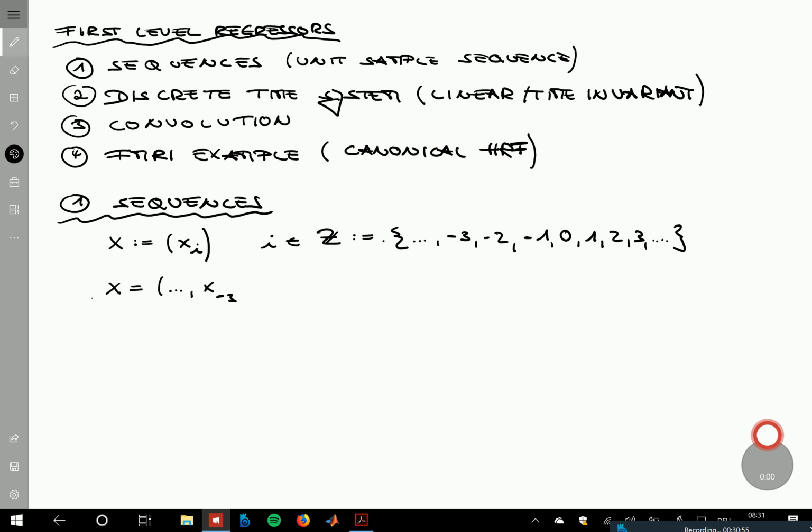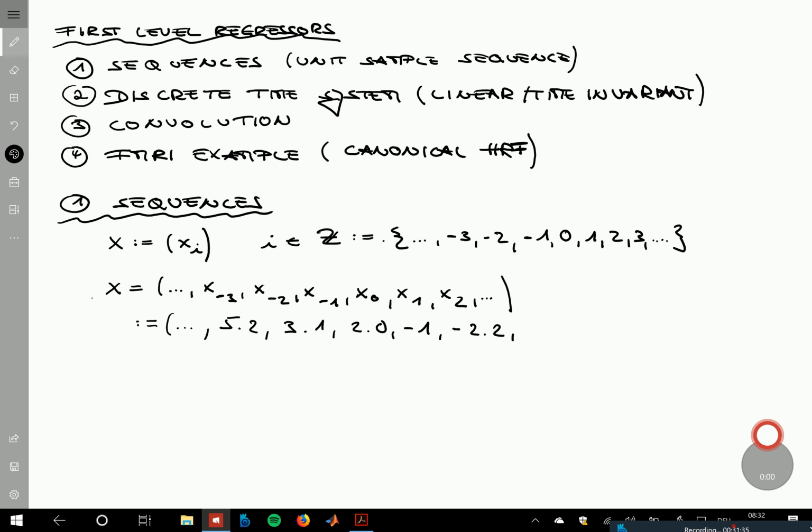There are a lot of values before x minus 3, but then there's x minus 3, x minus 2, x0, x1, x2, and this, for example, could be defined with some numbers: 5.2, 3.1, 2.0, so that's now x minus 1, then x0 could be minus 1, x1 could be minus 2.2, and x2 could be minus 7.3, and so on.